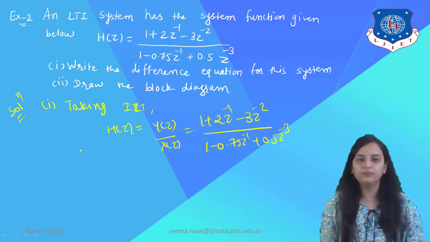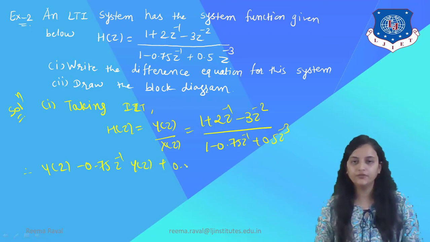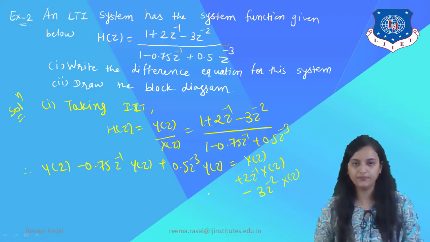If I cross multiply this, I will get y of z minus 0.75 z inverse into y of z plus 0.5 z raised to minus 3 into y of z, that is equals to x of z plus 2z inverse x of z minus 3z raised to minus 2 x of z.